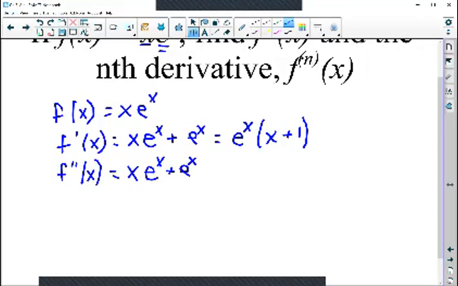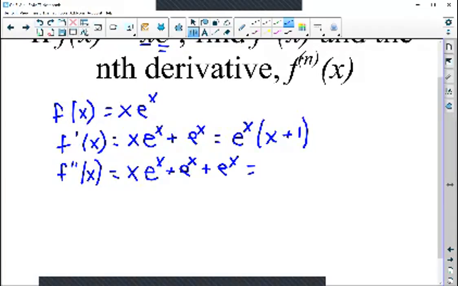So that's the derivative of x e to the x. And then I have plus the derivative of e to the x. And the derivative of e to the x is e to the x. Right?